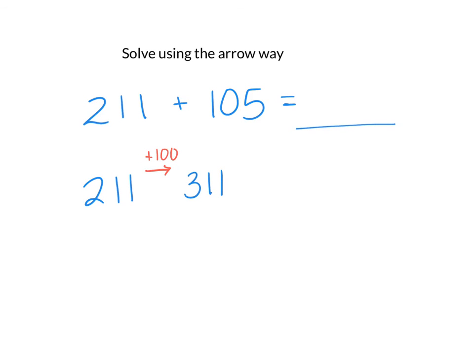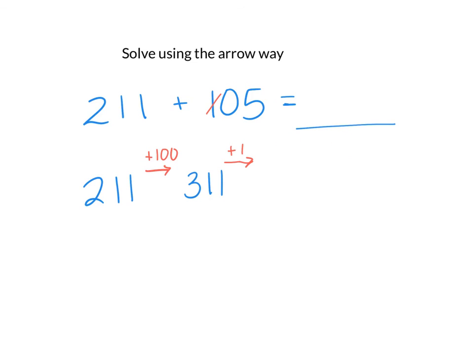Okay, so I've added my 100, but I also have to add 5 ones. So I'm just going to say plus 5. You could add, and if it's easier for you, we did this before where you would put each one like plus 1, plus 1, plus 1, but we talked about if we are able to start to solve these problems a little faster, then we should do that too, okay?